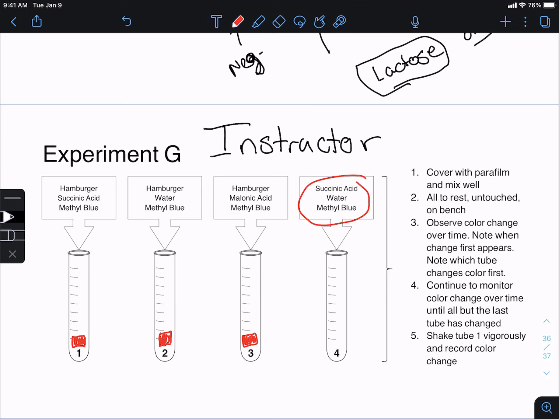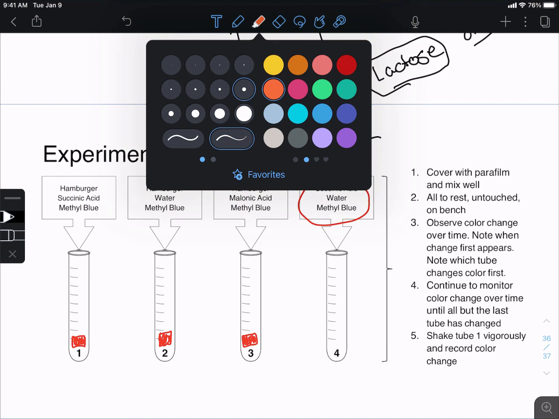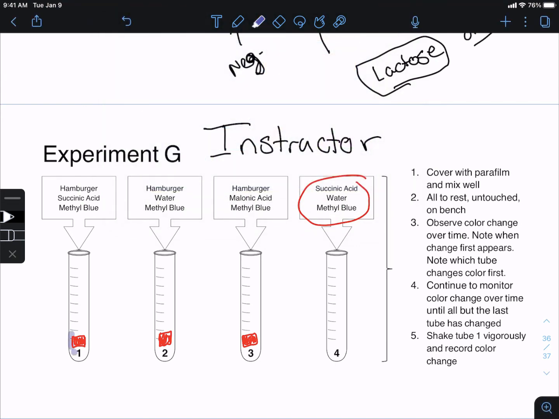Then I'm going to add succinic acid and methylene blue into my solution. Methylene blue is, well, blue. But with the hamburger meat, it's going to turn this really gross, sickly, greenish color. It just looks really super nasty. And in this one, it'll look pretty because there's no gross hamburger shake to make it even really ugly.